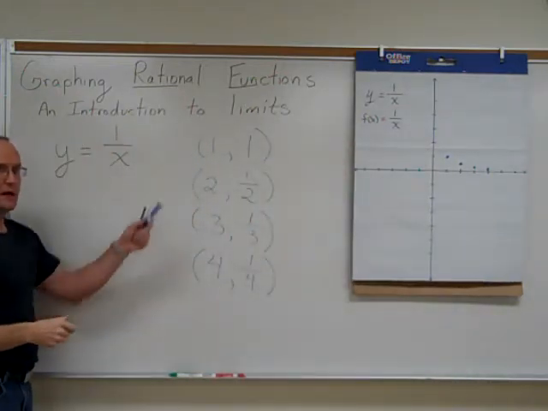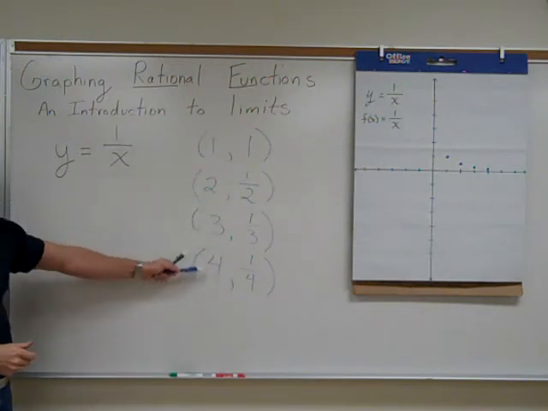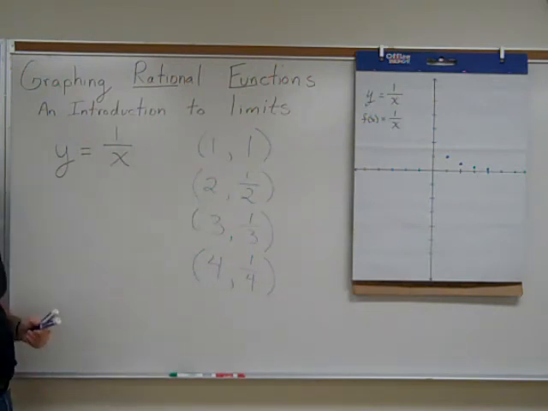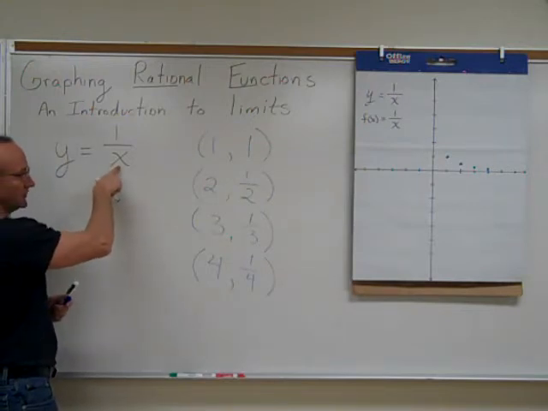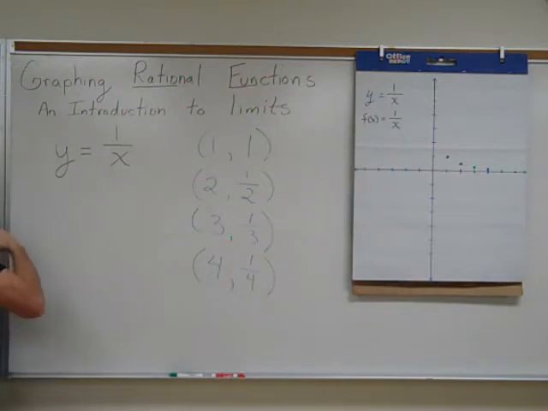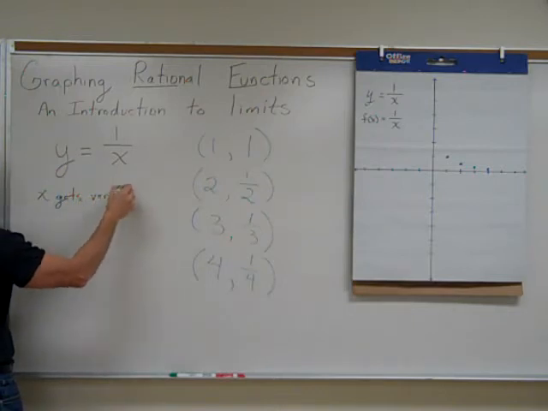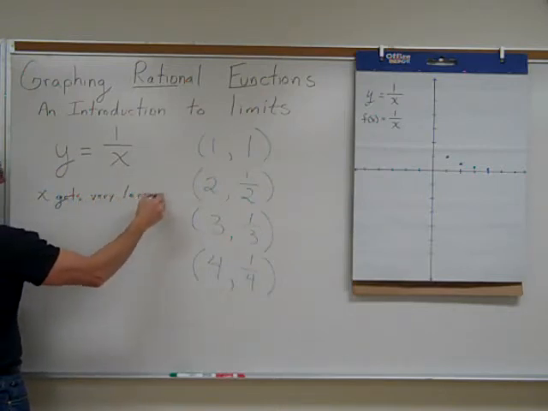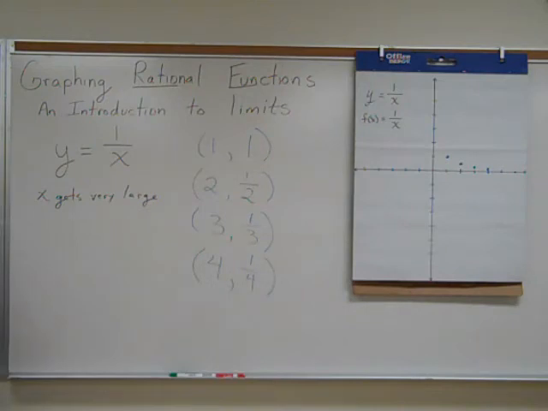We can see that no matter how far we go, we're always going to have 1 over a number, and this number is going to get larger and larger and larger. What we say is that when x gets very large, y gets closer and closer to 0.